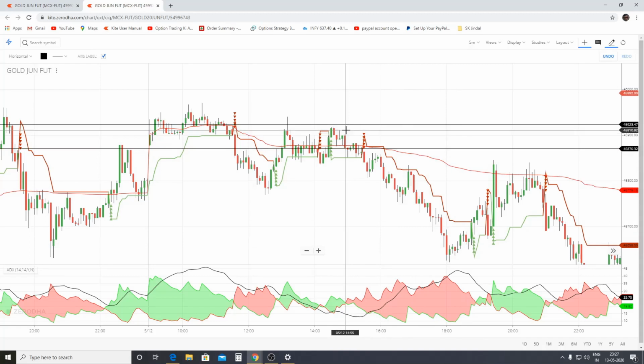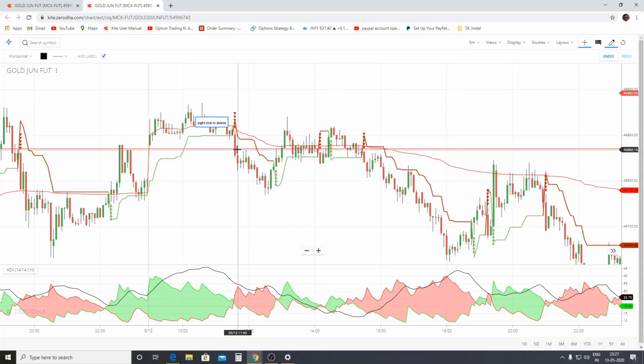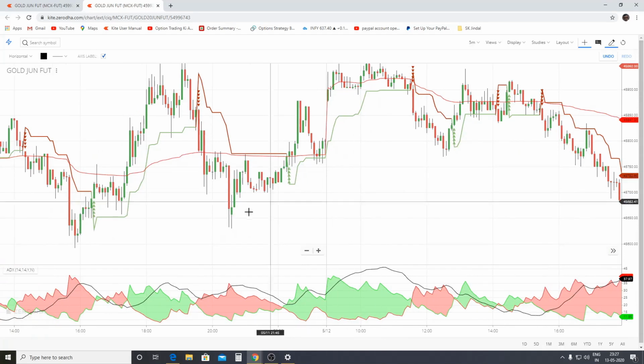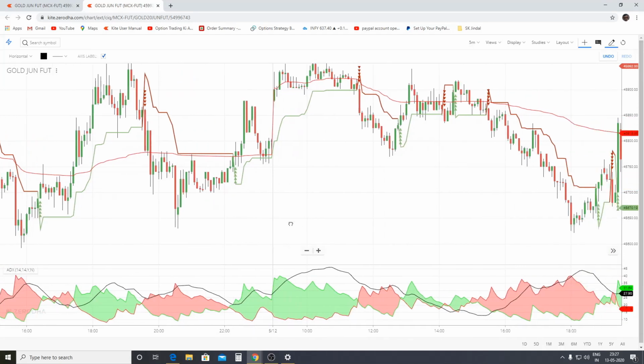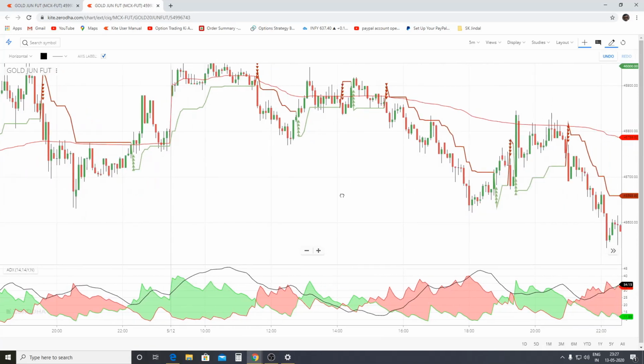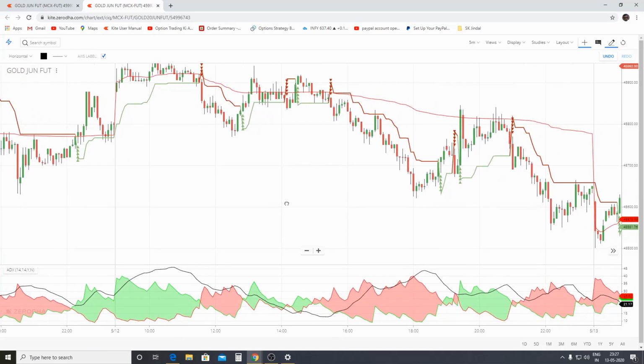So hope I was able to explain the strategy. Anyways, the strategy is simple. You could backtest it, and it could generate at least 2 good trades a day.